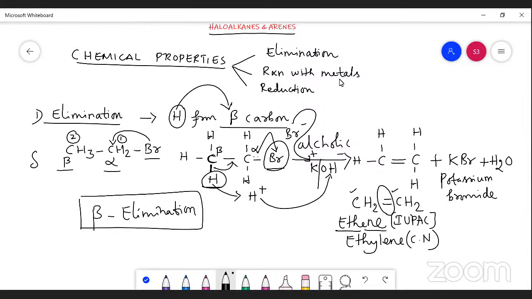Instead of taking this haloalkane, ethyl bromide, you can take propyl bromide, butyl bromide, whatever it may be, but you should concentrate only on the beta carbon for the removal of a hydrogen. Then it is okay. So be clear on this reaction.